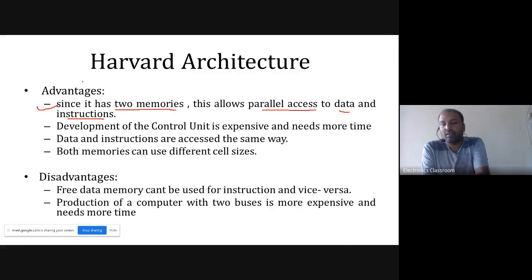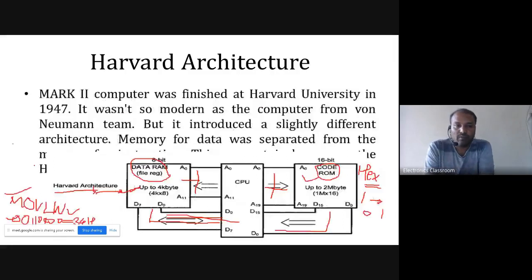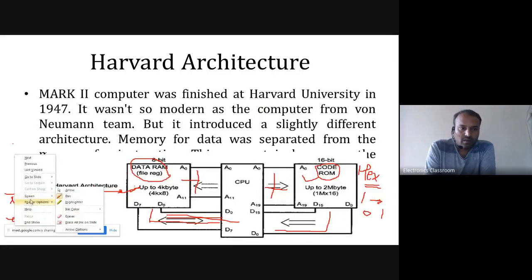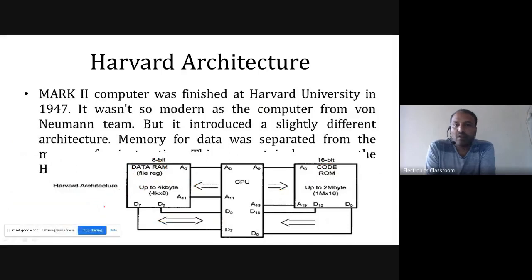I will go back to the previous slide. Since we have separate memory for data as well as code, we can do both operations simultaneously.